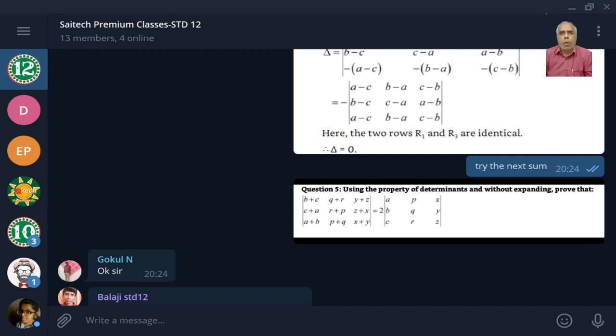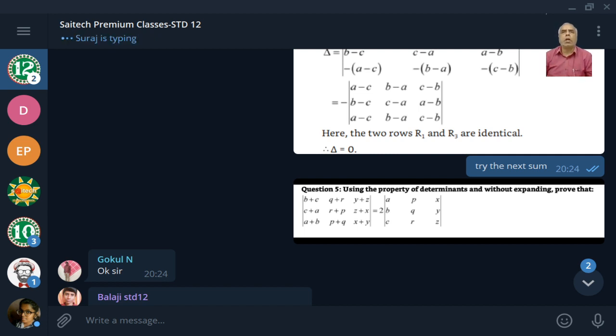You please note down. You are given the LHS: b plus c, q plus r, y plus z. In the second row, c plus a, r plus p, z plus x. Third row, a plus b, p plus q, and x plus y. So what you do is you split this determinant into two, dissociating the last row.